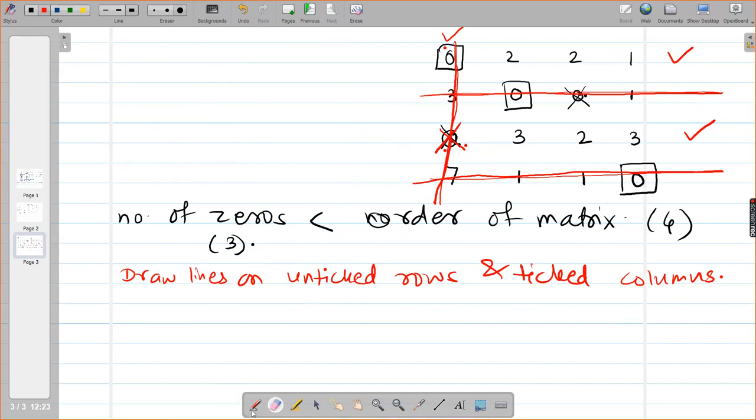अभी इस टेबल से हमें क्या क्या करना है बताओ. What we have to do now? The elements which are not on any line, ये जो starred elements है, इसमें से minimum entry ढूंढो. What is that minimum entry? 1.